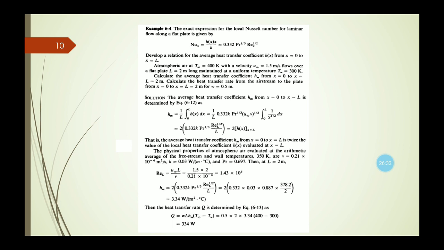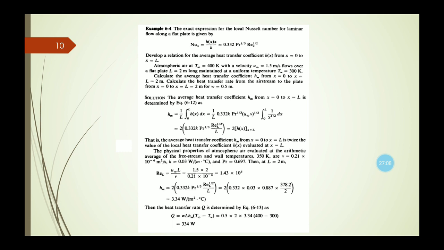You can put that representation of hx here, and after doing the integration we get 2 multiplied by 0.332 k Prandtl number to the power 1/3 Reynolds number to the power half divided by L, which is actually 2 multiplied by hx where x equals L. So the average heat transfer coefficient hm from x equals 0 to x equals L is twice the value of the local heat transfer coefficient evaluated at x equals L.